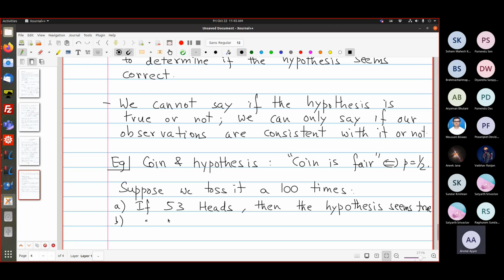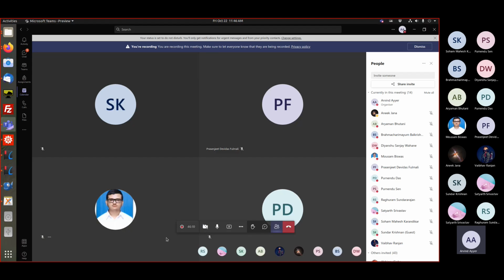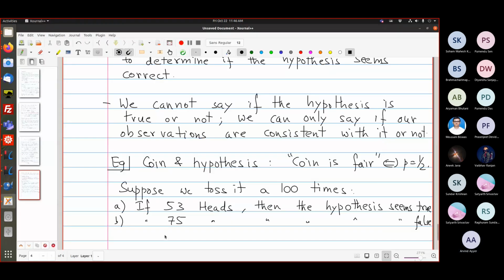And if maybe there are 75 heads, then I would say that the hypothesis seems false. Certainly, if there are 99 heads, then it's absolutely no. Any reasonable person would say that it's probably not.